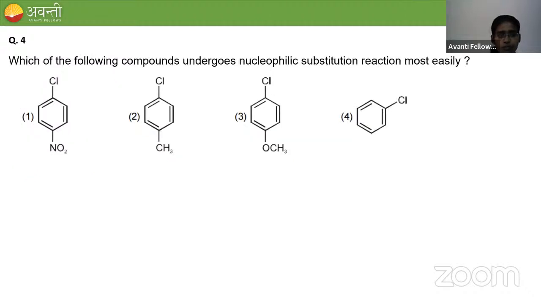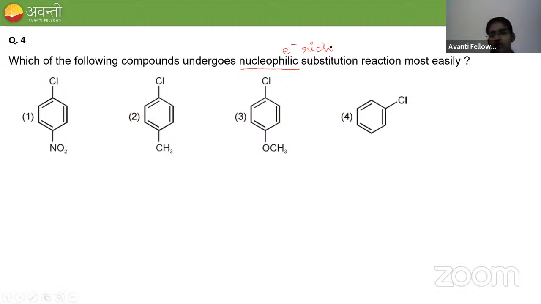Question number 4. Which of the following compounds undergoes nucleophilic substitution reaction more easily? Nucleophilic substitution. What are nucleophiles? Nucleophiles are electron-rich species.